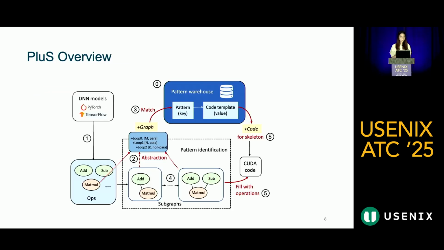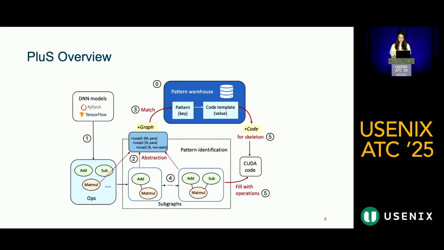So this is the system overview of PluS. Initially, PluS builds a pattern warehouse to decouple the subgraph identification and code generation from the compiler's internals. In this way, users can manage these processes by providing mappings from the subgraph pattern to their corresponding code templates. First, PluS takes a DNN model from a framework and translates it into the computational graph with operators.